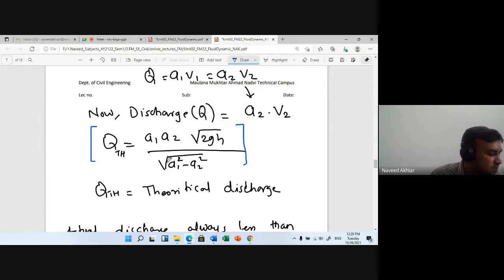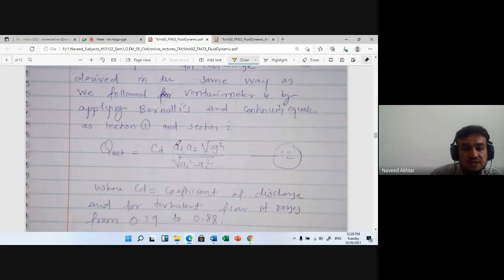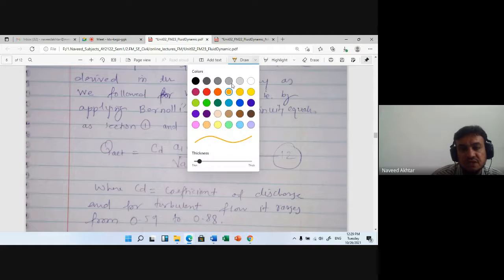Similarly we get the same in case of the orifice meter. The theoretical discharge for the orifice meter is also the same.